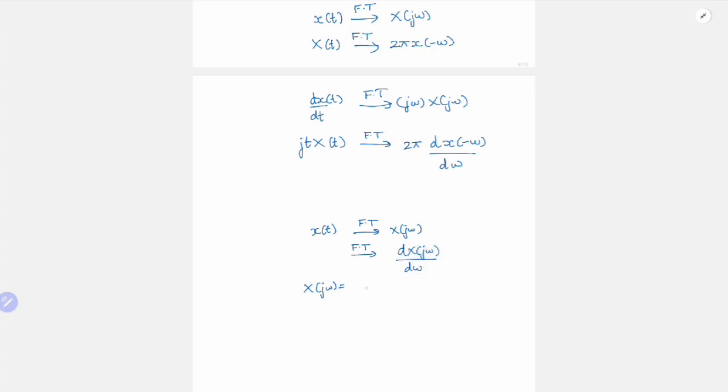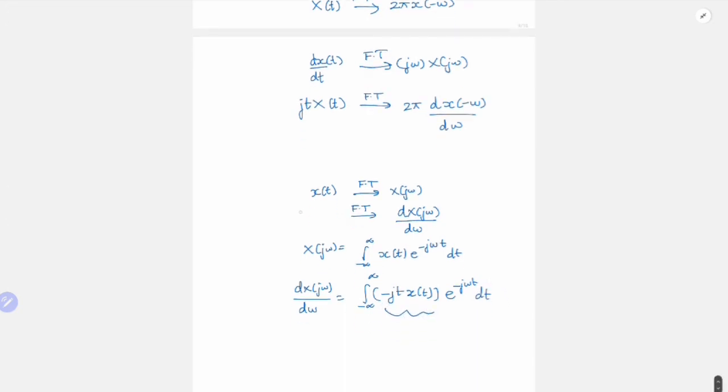So X of j omega was nothing but the integral from minus infinity to infinity of x of t e power minus j omega t dt. So dX of j omega by d omega will be the integral from minus infinity to infinity; d by d omega of this is minus jt. So minus jt x of t e power minus j omega t dt. So it will be minus jt x of t.